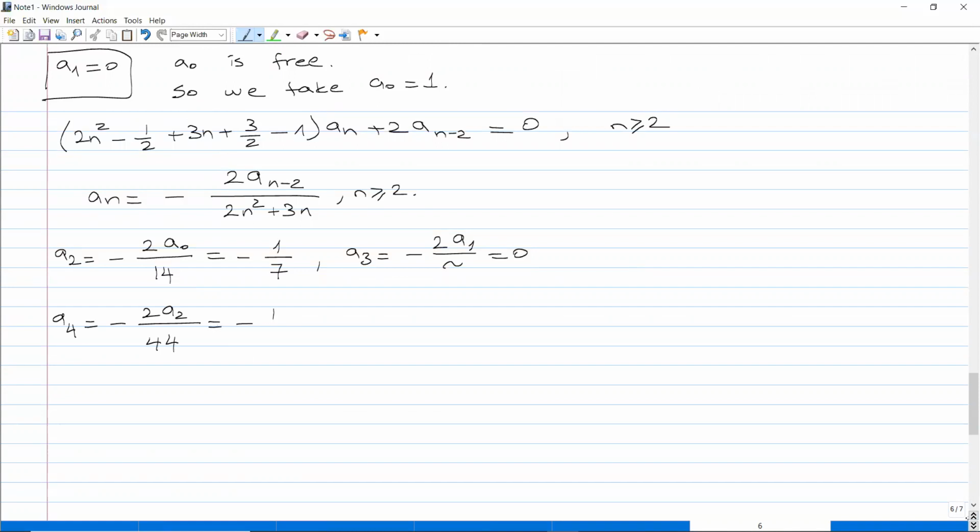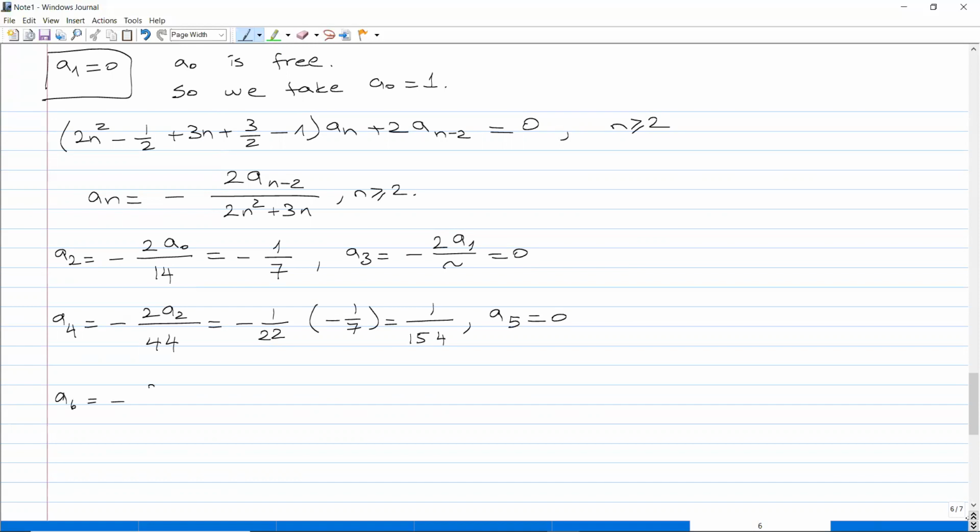So minus 1 over 22, a2, but a2 is minus 1 over 7. So this is 1 over 154. a5 similarly is 0.